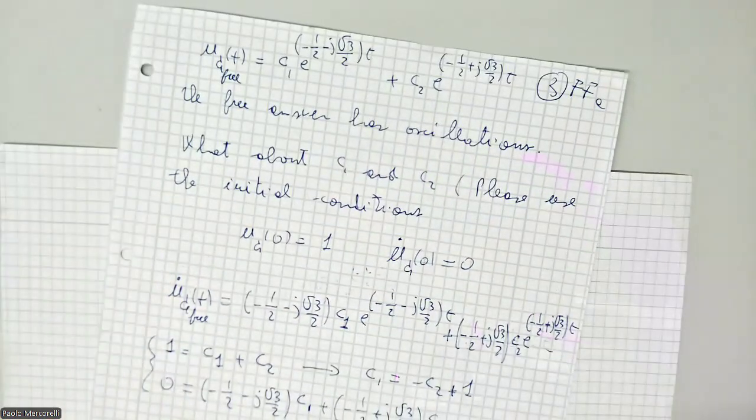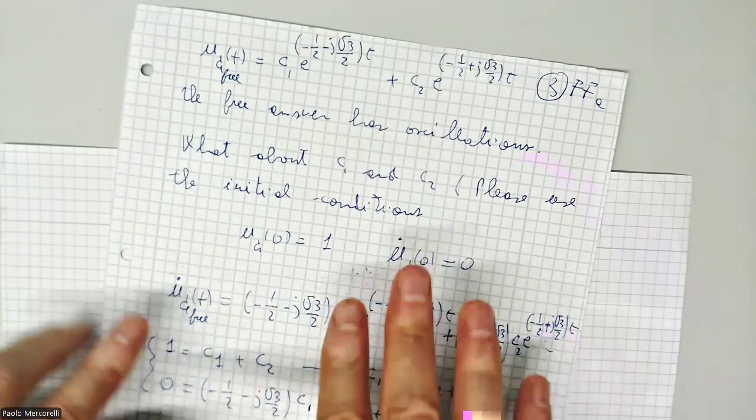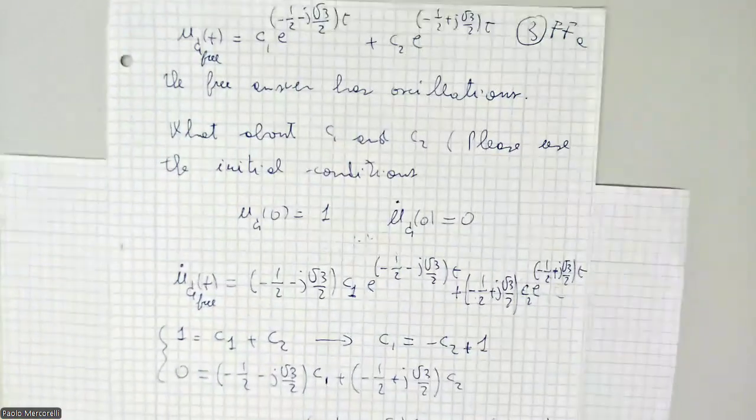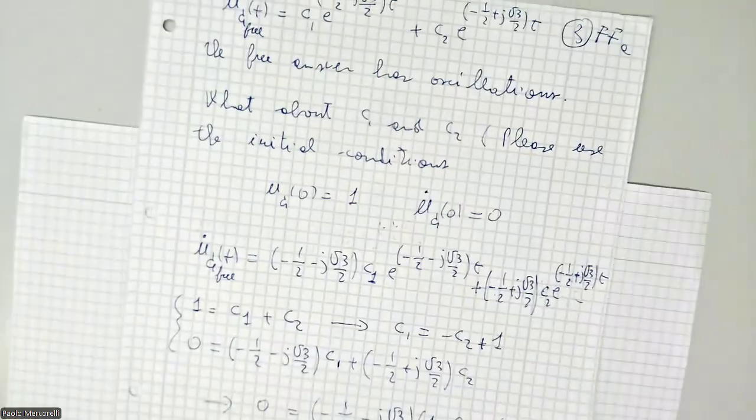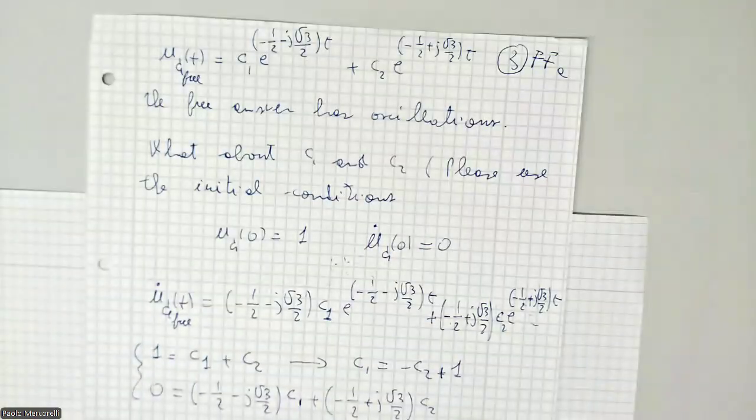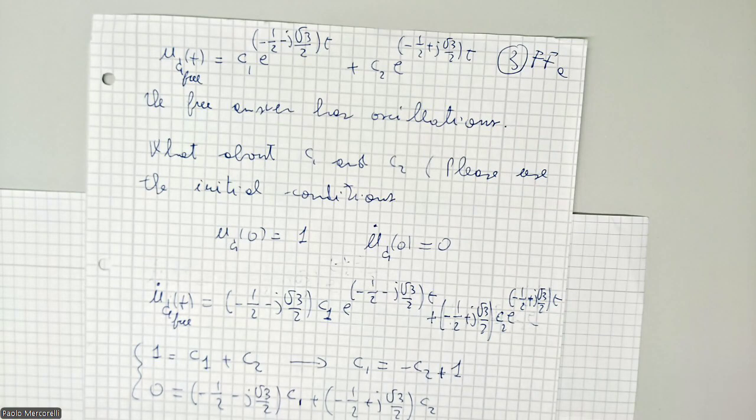But this is easy to do, just to plug in. You don't have to do it also in the examination. Believe me, you don't have to do it. Let me see if I did. Probably. No, I did.